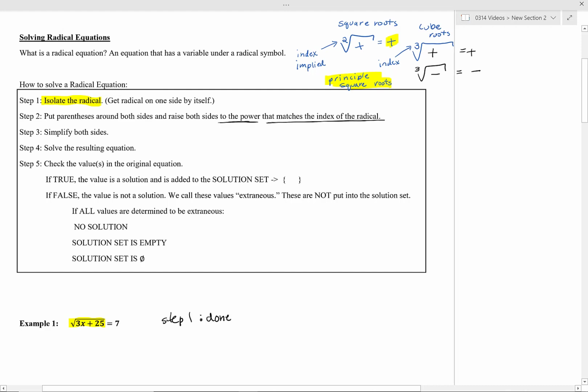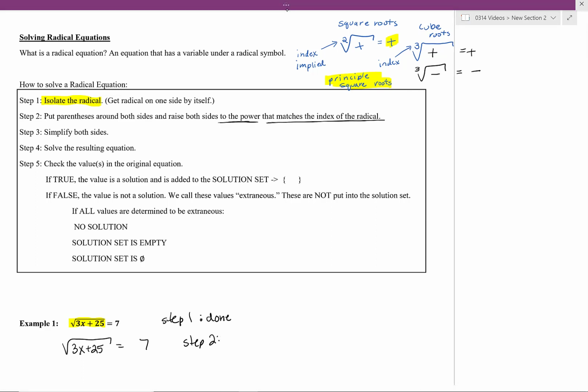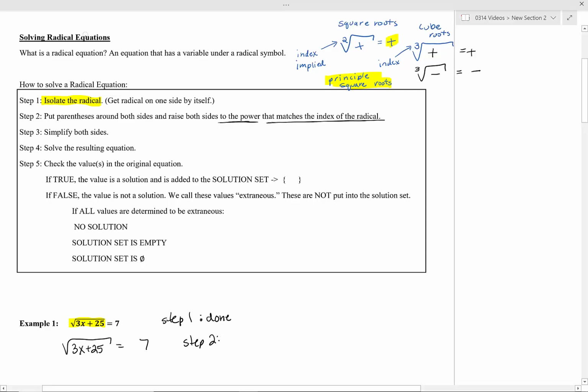So our radical symbol is already isolated. Step 2 says to put parentheses around both sides. So I'm just going to copy this down to show step 2. We're going to put parentheses around both sides, completely around both sides.